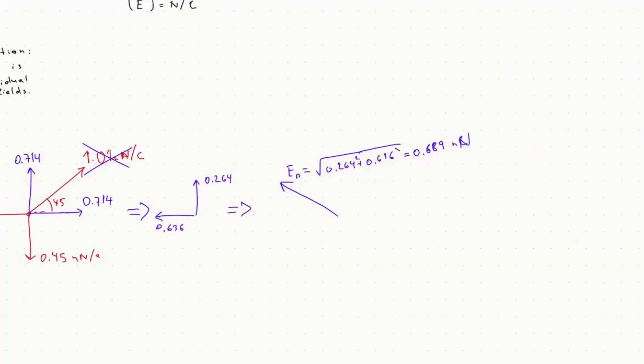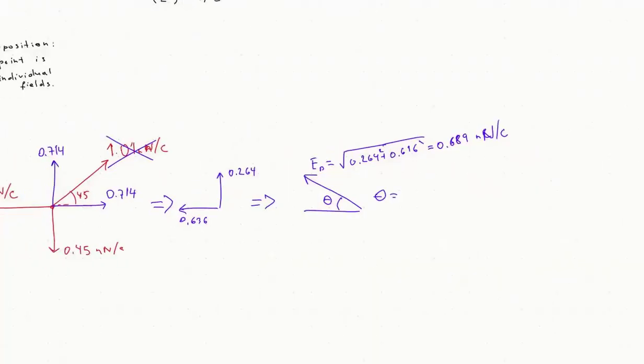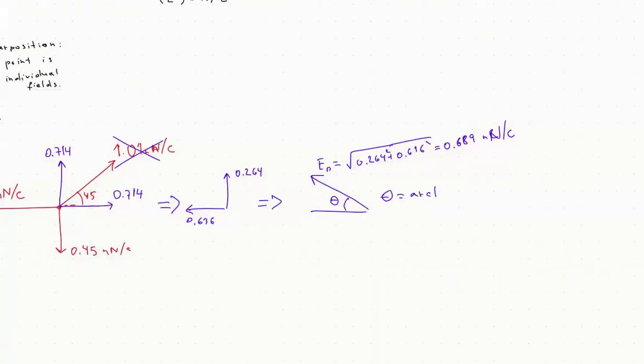nanonewtons per coulomb, and the direction theta would be arctan of 264 divided by 636. I multiplied by 1,000 just to not deal with decimals. So arctan of 264 divided by 636 is 22.5 degrees.